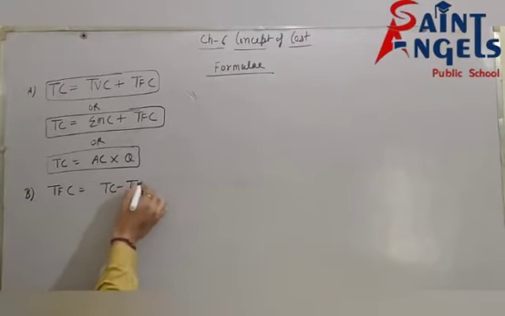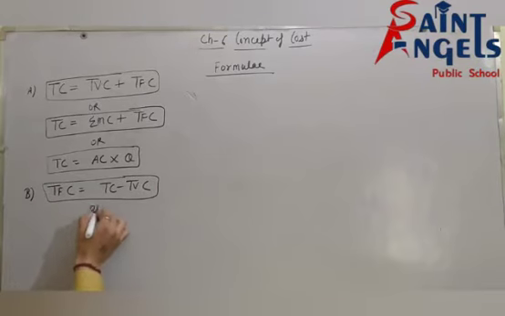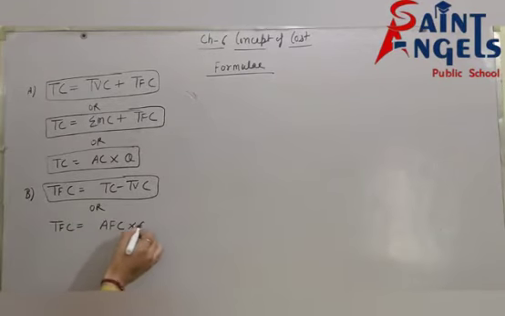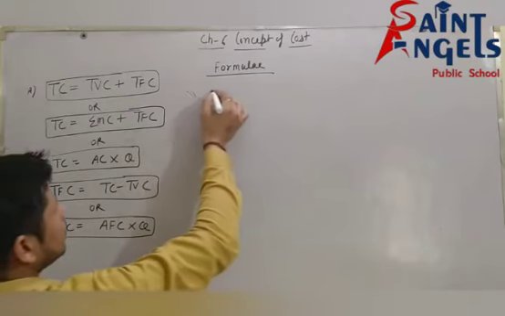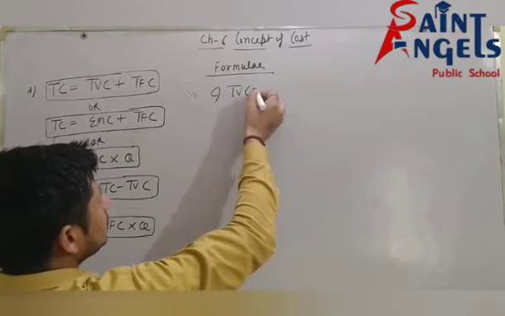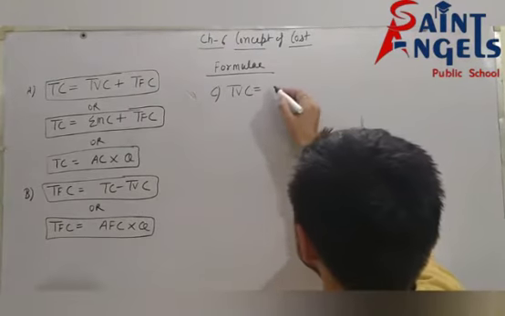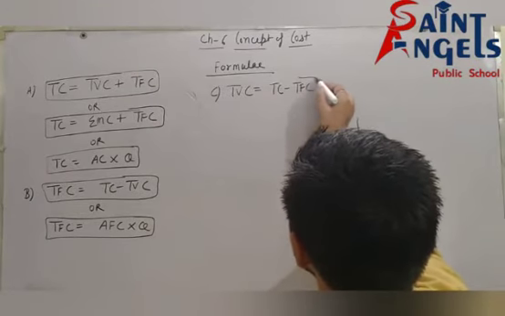TC minus TVC, or TFC is equal to AFC into Q. Now capital C. TVC is equal to TC minus TFC.